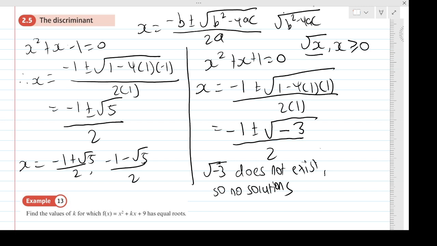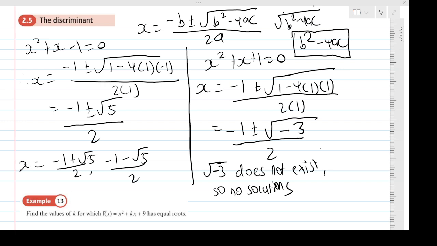So essentially, it's all to do with the value under the square root. If it's negative, like I said, it won't work. But if it's 0 or more, then it can work. So it's this expression under the square root that allows us to determine whether a solution exists.